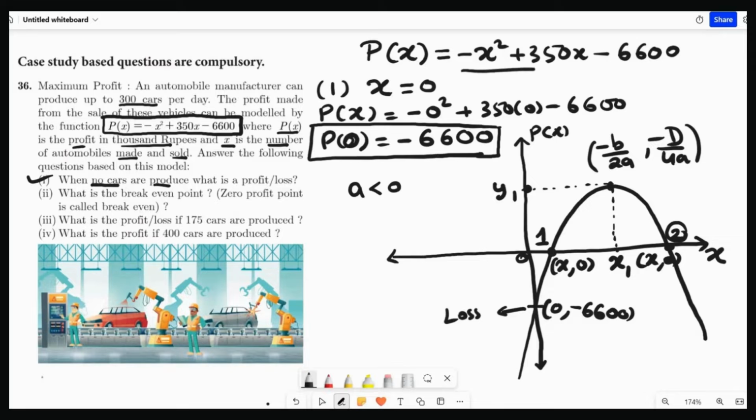From the given quadratic equation, we can figure out a, b, c and substitute in this vertex coordinate. Then we will know that when x1 number of automobiles are produced, there is a maximum profit of y1. However, the first question's answer is P(0) = -6600.